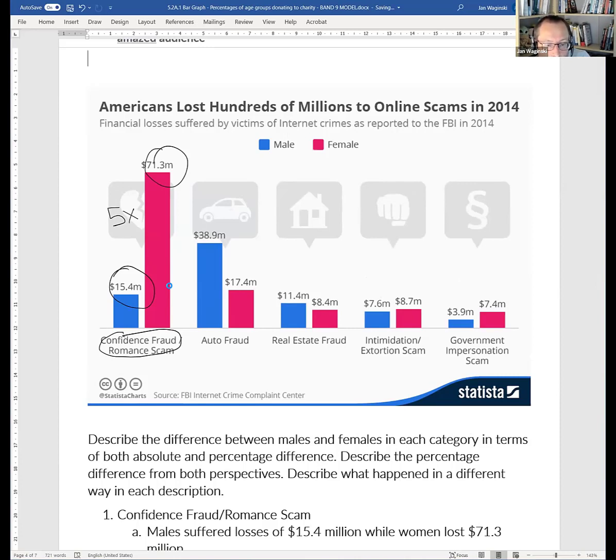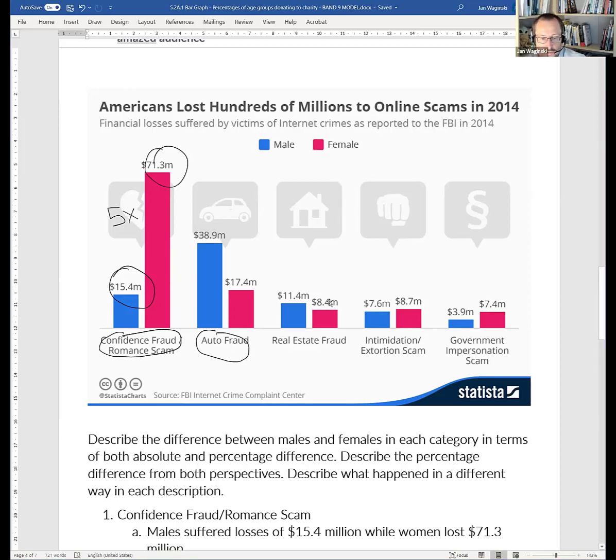If you're talking about auto fraud, okay, let's go to this one. What would be the difference between these two? 50%. 0.5. Yep. Roughly 50%. How about real estate fraud? Almost the same. See, this is quick and dirty math. So let's round.